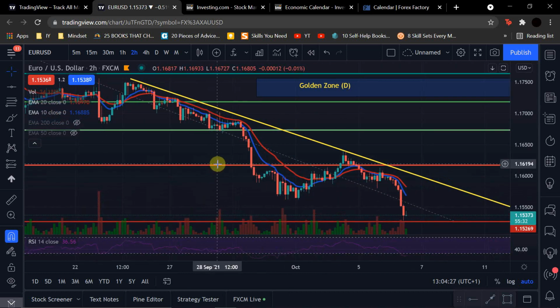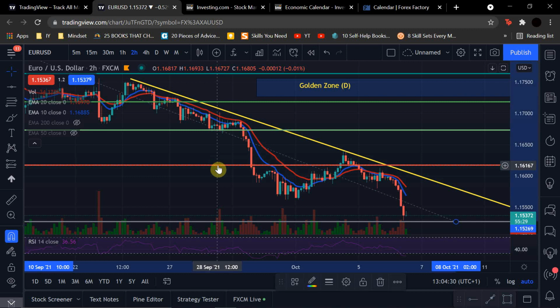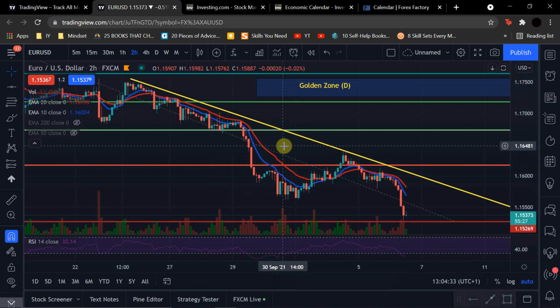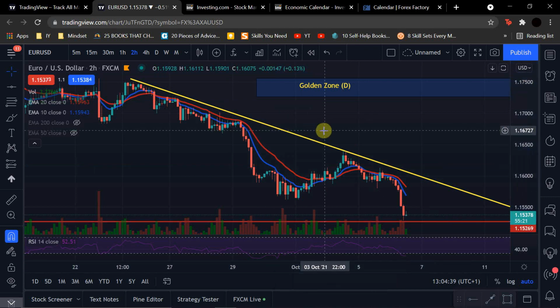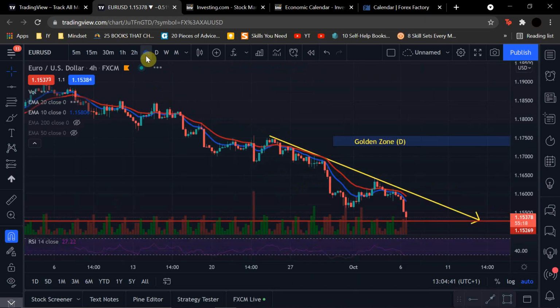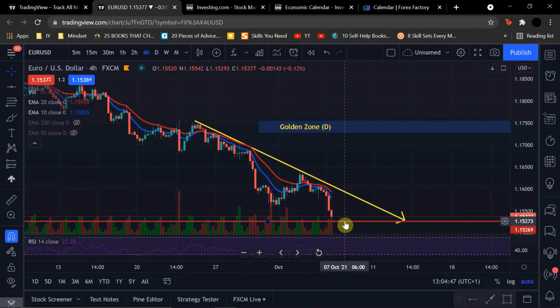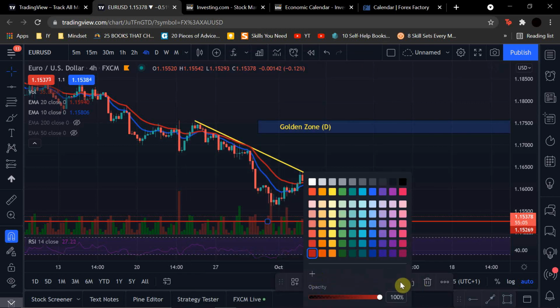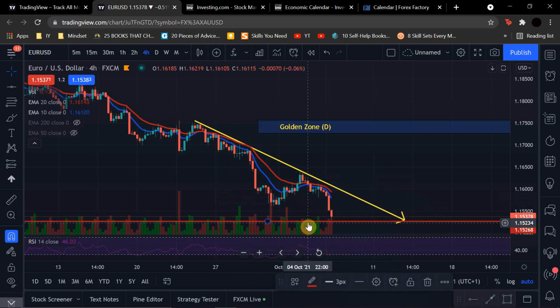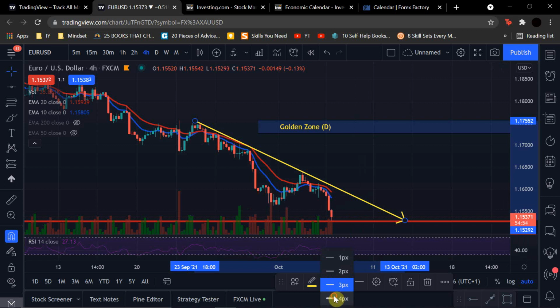Interesting. So what I'll do, I'll delete this for now. And just see what it does. That's it. It's clearly reacting at this level. And I'll put this as a, hold it before I do any of that. Put this solid. Put that solid.